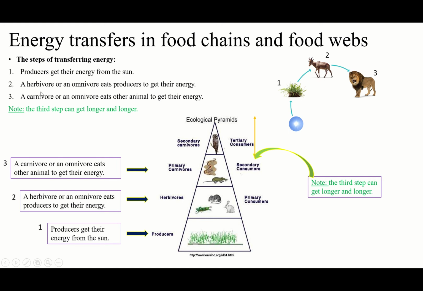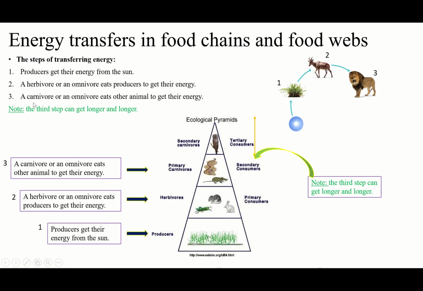A herbivore or an omnivore needs producers to get their energy. It means they cannot make food for themselves. They have to eat grasses or producers. If it's plant, grass, any other fruit, seeds, any other things, they must be producers to get their energy.